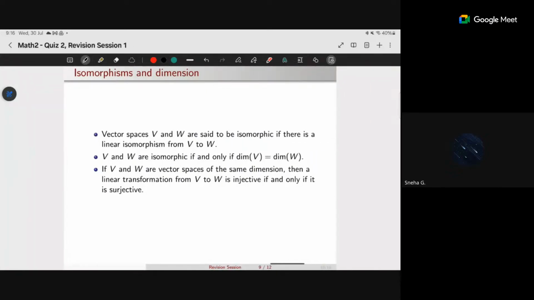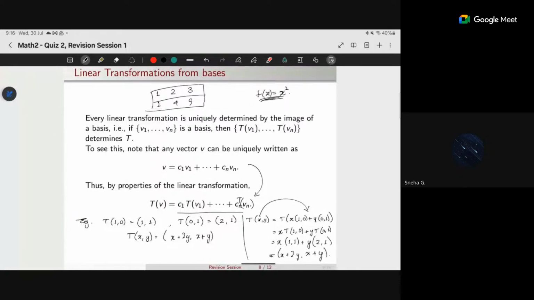Excuse me, sir. There you have used the standard basis (1, 0) and (0, 1). Is it that only if we are not given any basis, we use this basis? If you want to recover a transformation from the image of the transformation on a basis, you will be given a basis. Instead of (1, 0) and (0, 1) over here, you will have some other values.